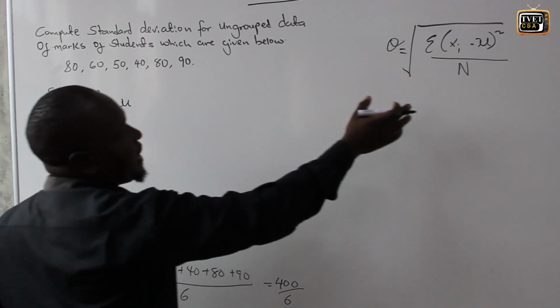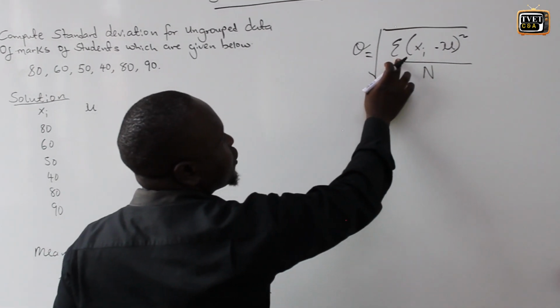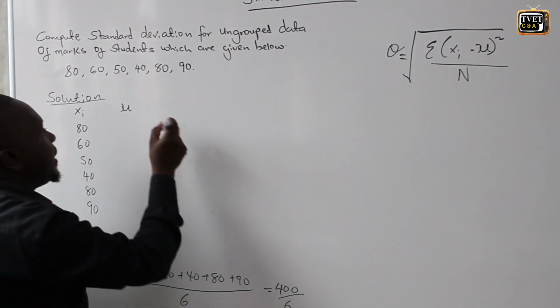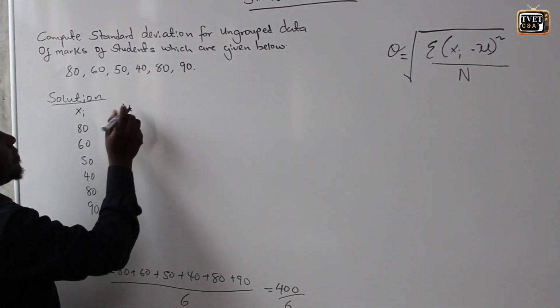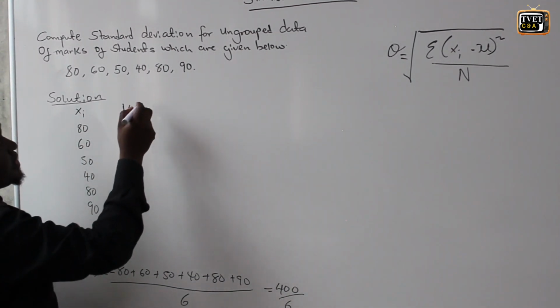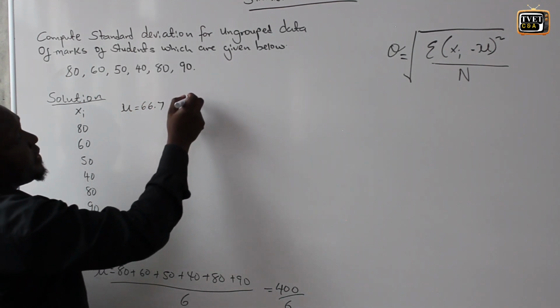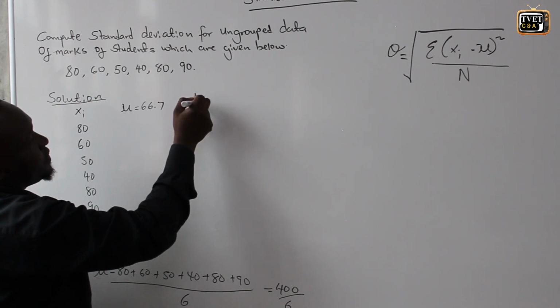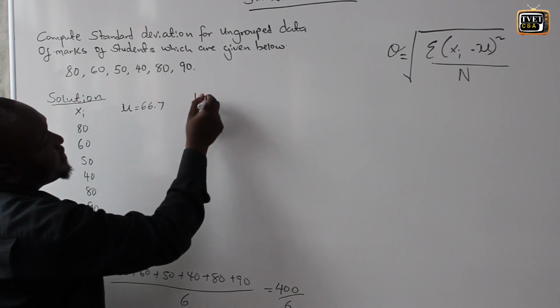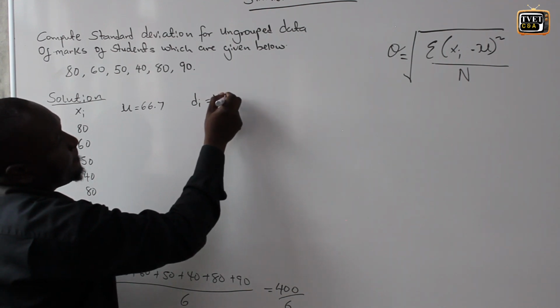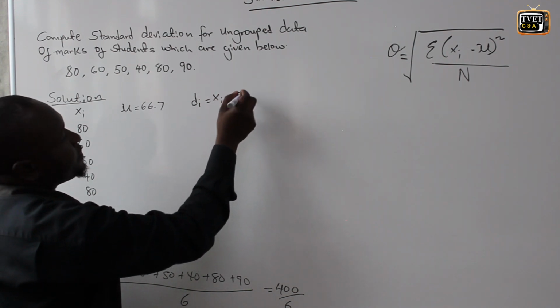Now, from our formula, the summation of the variable xi minus the mean, you write the value of the mean we found, 66.7. The deviation, di, is equal to xi minus the mean.